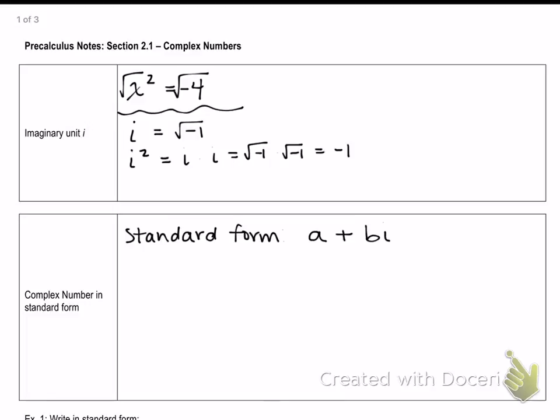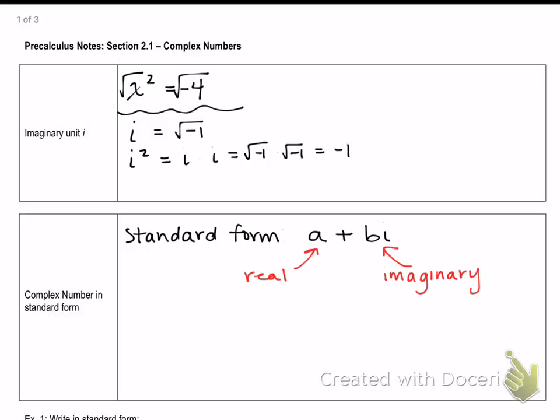So a plus bi. So let me talk about a few things here. First off, this a is the real piece of the complex number, and this bi term is the imaginary piece. And together, they make up this complex number.